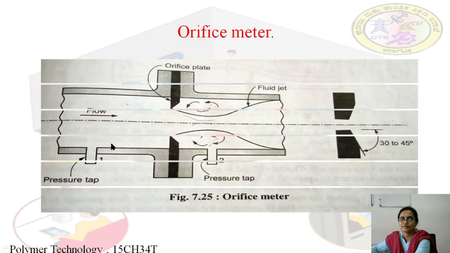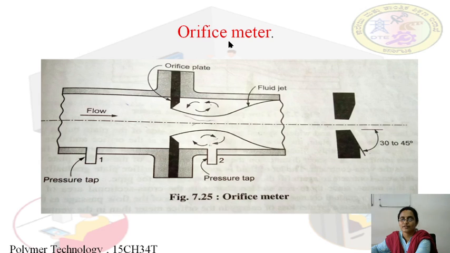In the orifice meter, we have an orifice plate. It has a bevel angle of 30 to 45 degrees, facing the downstream side. So we can see the flow of fluid.